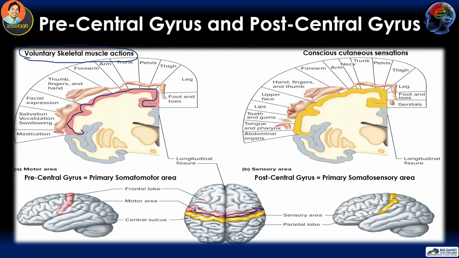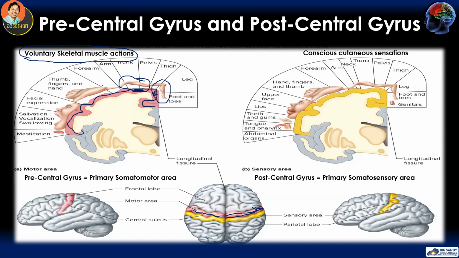If you see the map over here, this area on the top controls the movement of our muscle on the leg. This area controls some movements on our back, like for example bending our body. If you see here, the area is really small, while our body is actually really big, but it's controlled by a small area of the brain, because there are not many movements that we can perform with it, right?